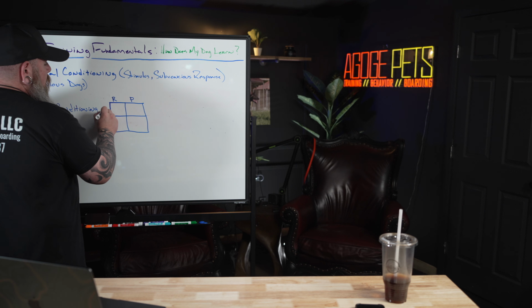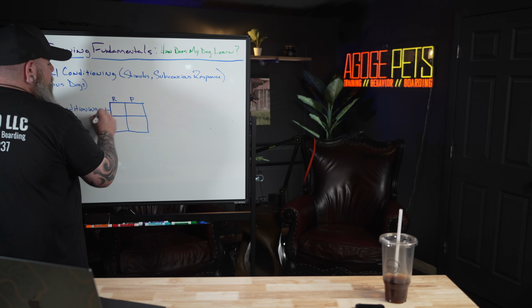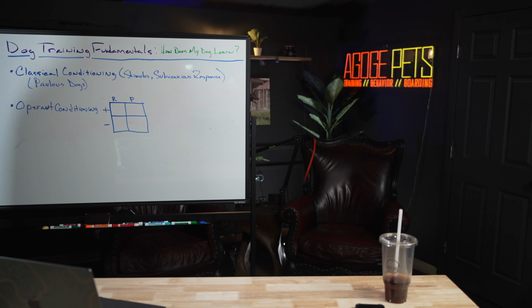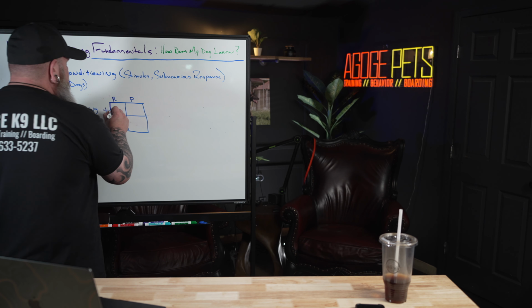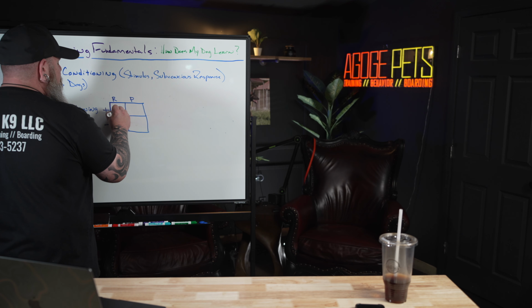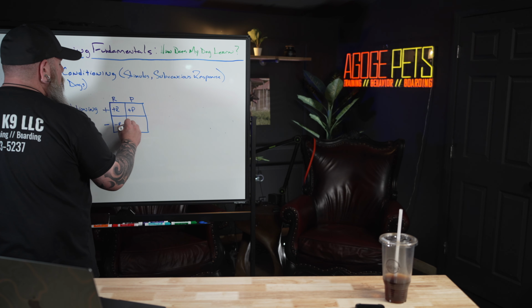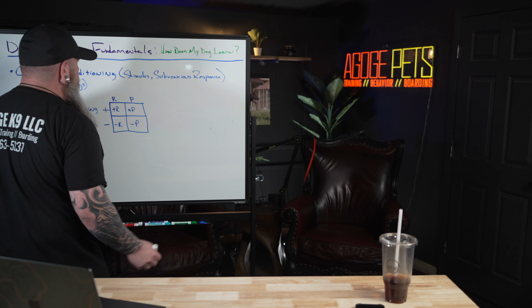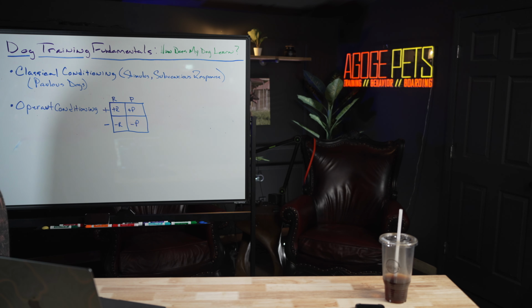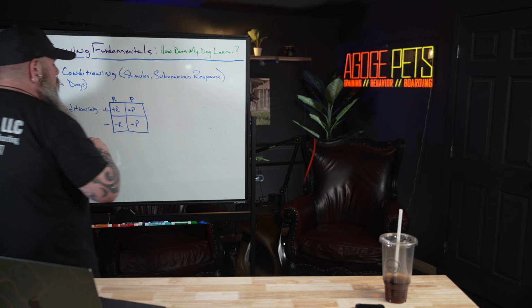Then you have 2 quadrants that are positive in nature and 2 quadrants that are negative in nature. Oftentimes this diagram confuses people, because we have plus R, plus P, minus R, minus P. Let's define the terms. That'll be super helpful in understanding how this works.